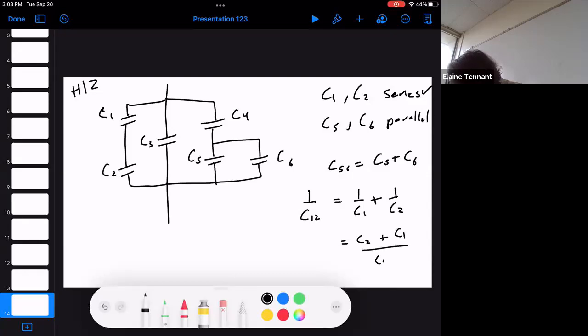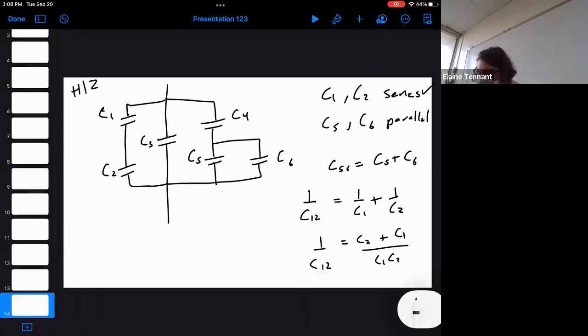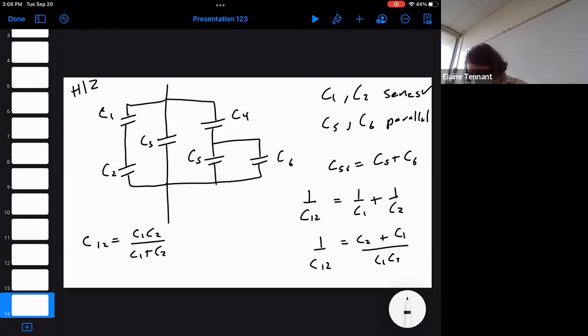And then we need to invert that, right? So C12 equals C1 times C2 over C1 plus C2. Okay, we did the simplest thing we could.